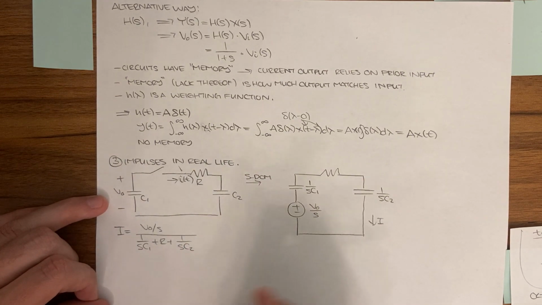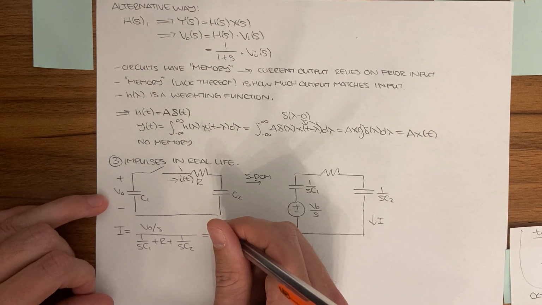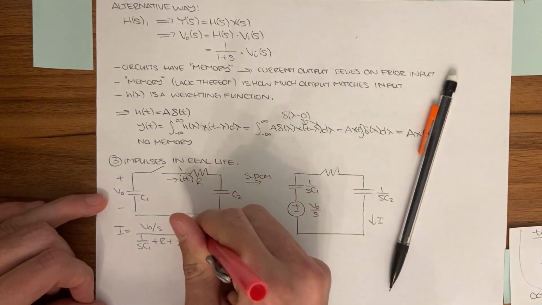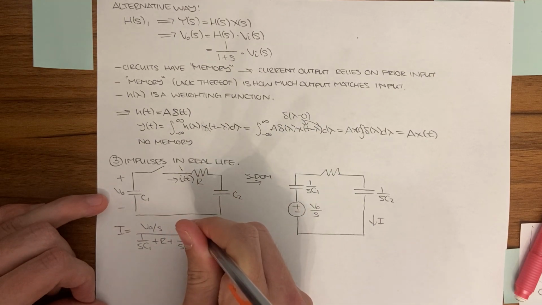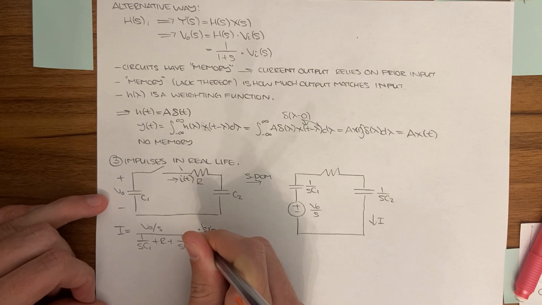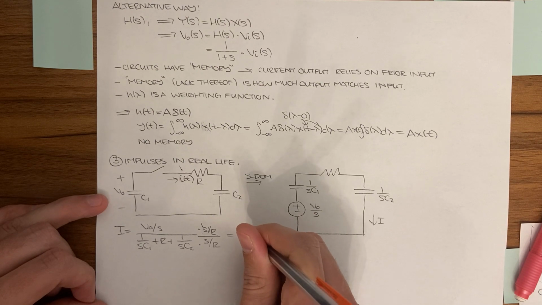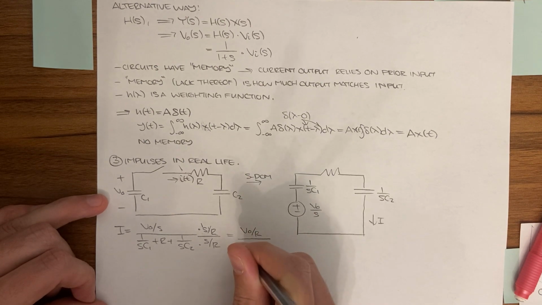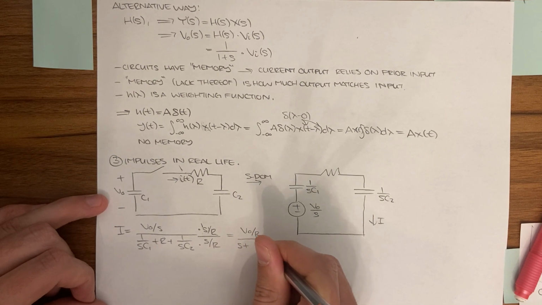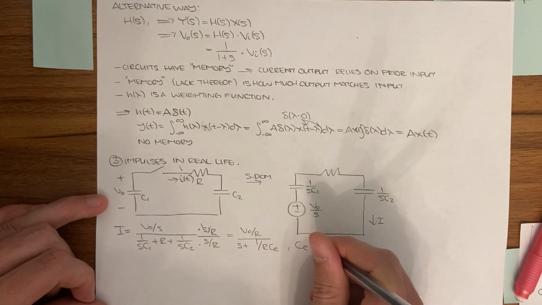Okay. And I'm going to simplify this a bit. I'm going to multiply top and bottom by s, and then I'm going to divide by R. So what we end up with then is V naught over R, all over s plus 1 over R C equivalent, where C equivalent is just the capacitors in series.